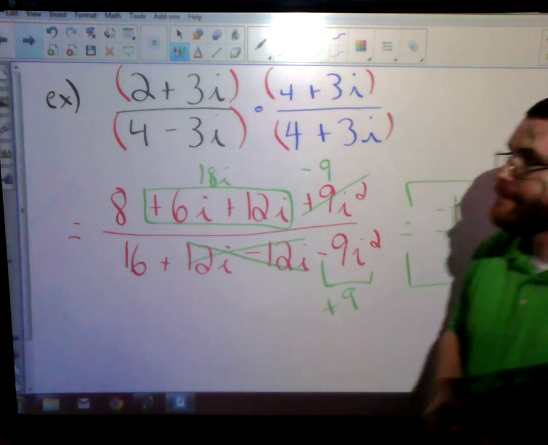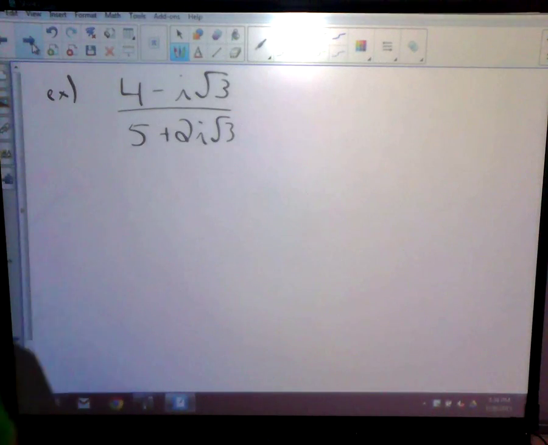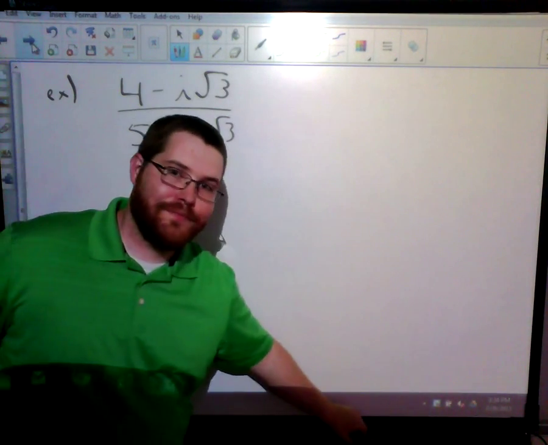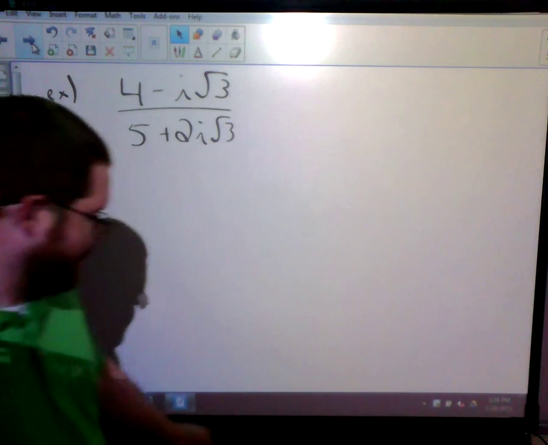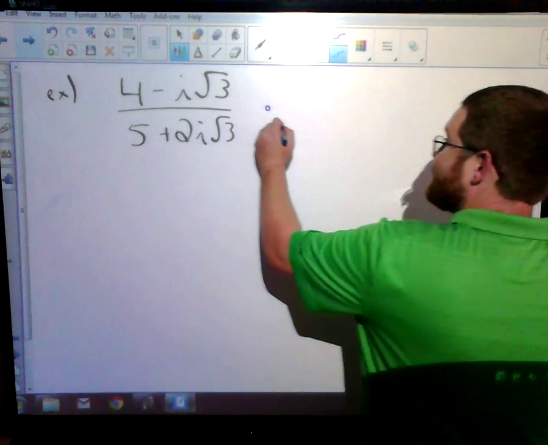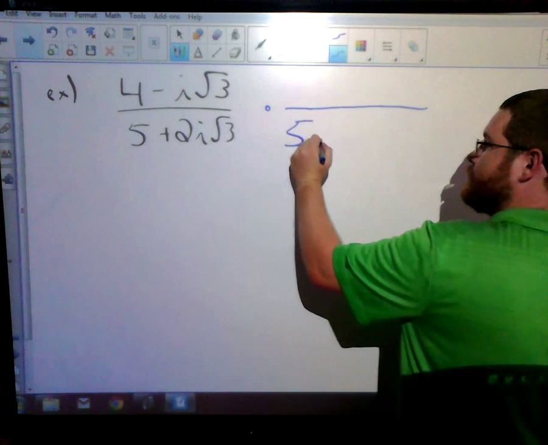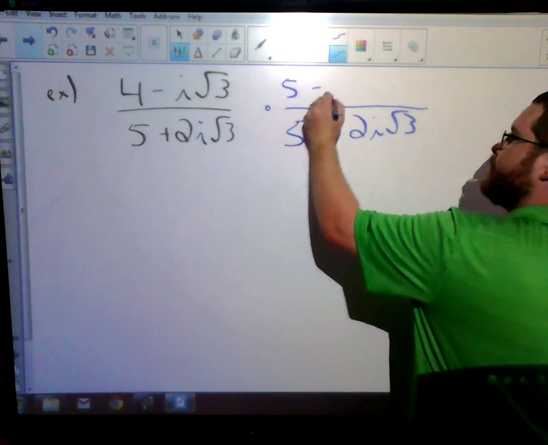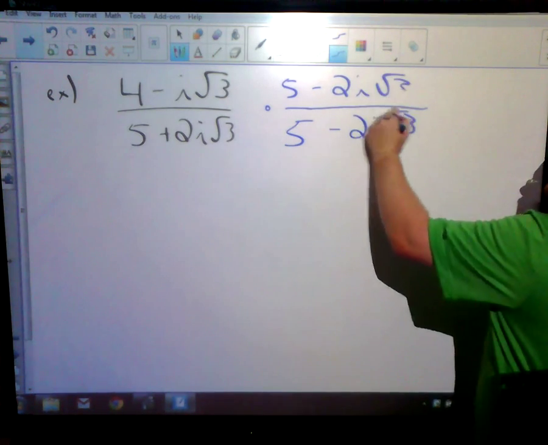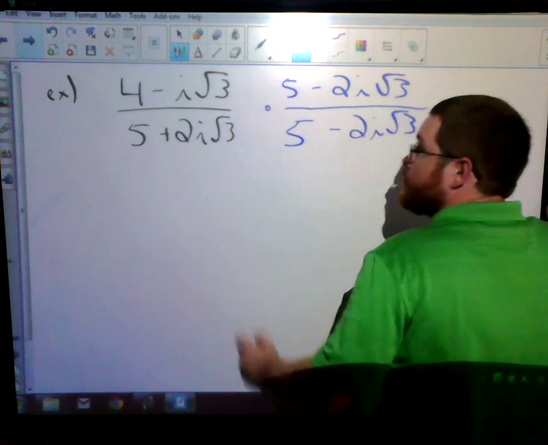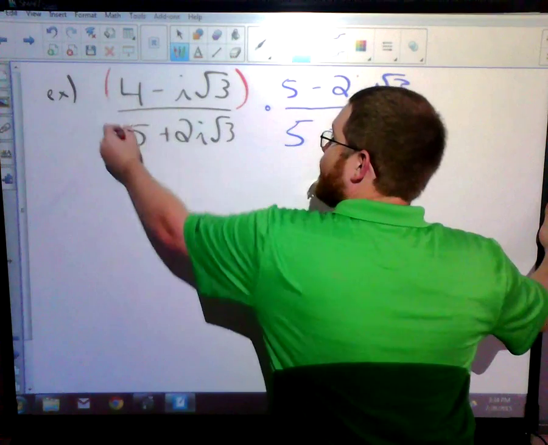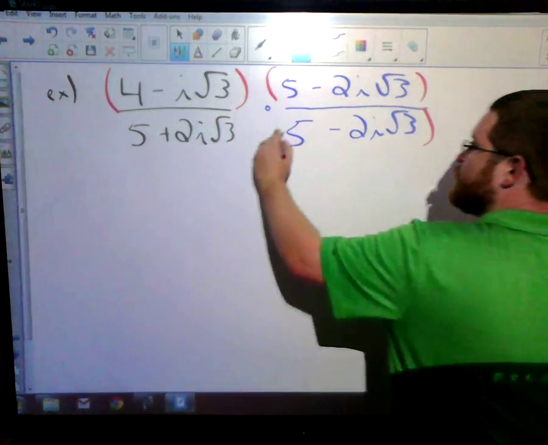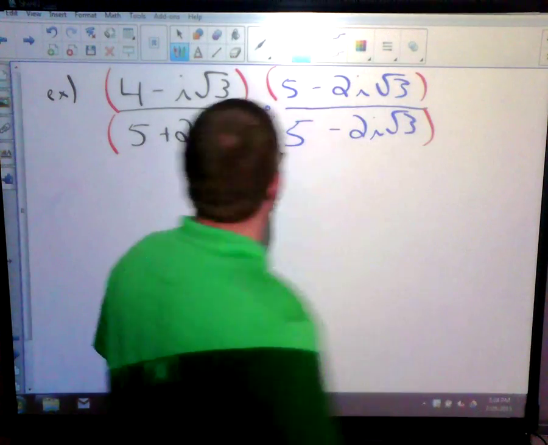Let's make it harder. Let's take a look at this problem. The conjugate is the bottom with the opposite sign. If I do it on bottom, I have to do it on top. Parentheses help to see that you're multiplying. You don't have to put parentheses, but they help.